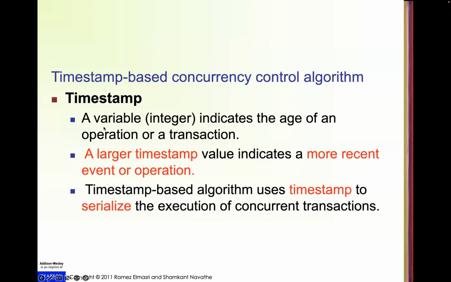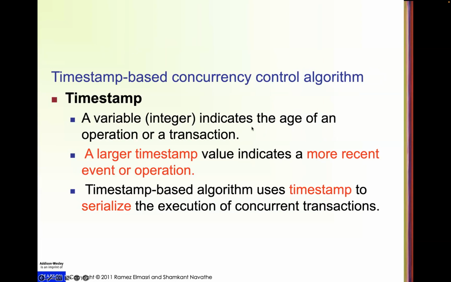Timestamp. We use a variable integer that indicates the age of an operation. A larger timestamp value indicates a more recent event or operation. The timestamp-based algorithm uses timestamps to serialize the execution of concurrent transactions. In a timestamp, we use an integer value to indicate the age of a transaction.